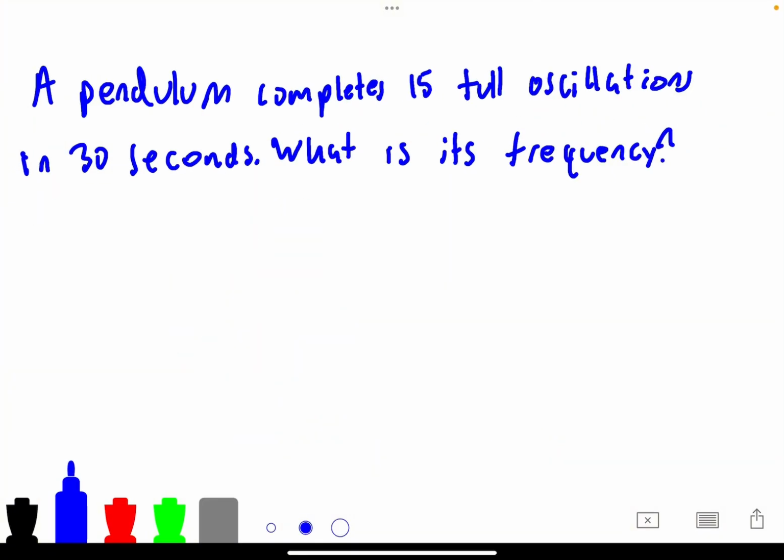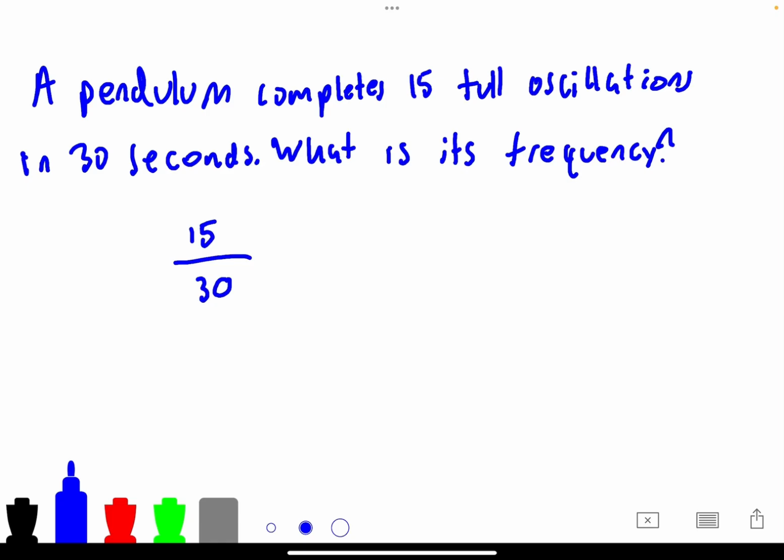A pendulum completes 15 full oscillations in 30 seconds. What is its frequency? So you want to find the time for one oscillation. So you want to do 15 divided by 30.